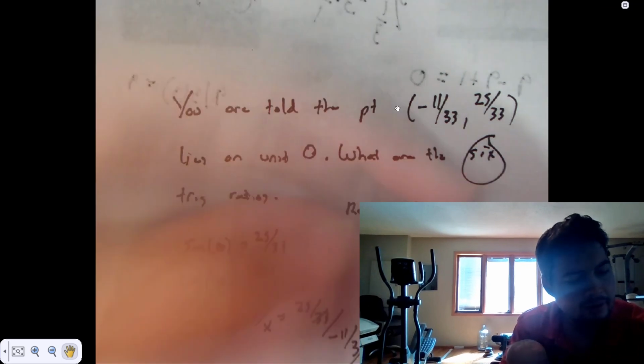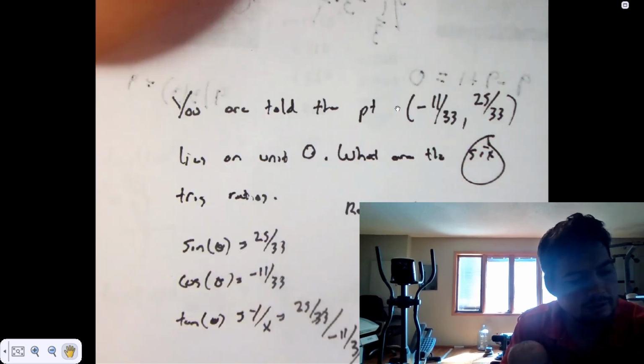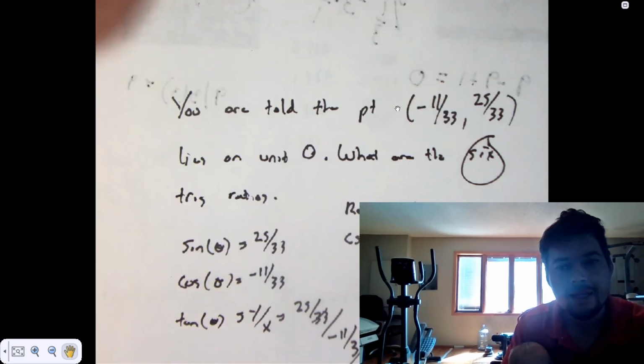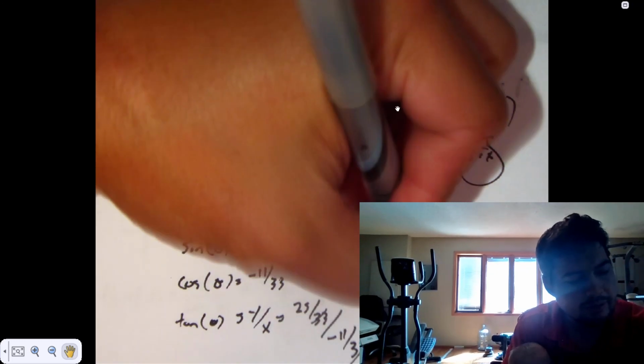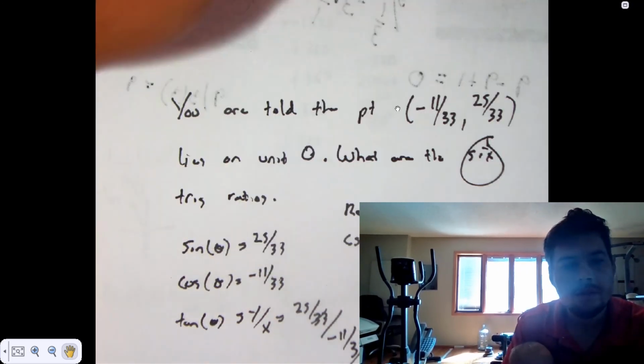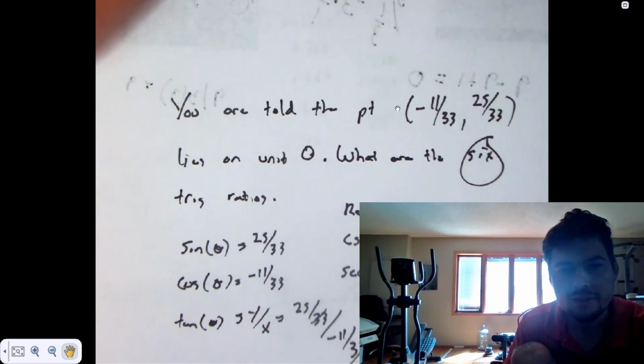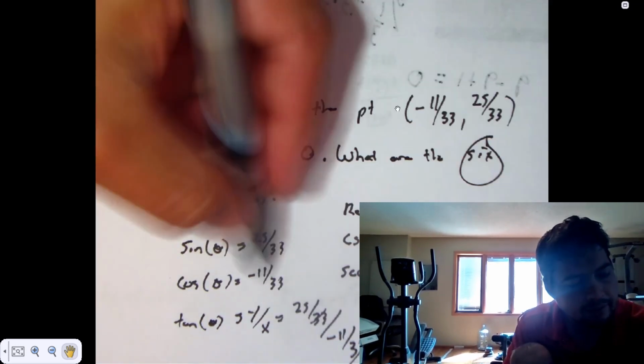The reciprocal of sine is called cosecant. And we just abbreviate that CSC. And it is literally the reciprocal. So the reciprocal of 25/33 is 33/25. The reciprocal of cosine, that's usually an easy one for somebody in the South to memorize. SEC is called secant. And we just flip over here, negative 33/11.